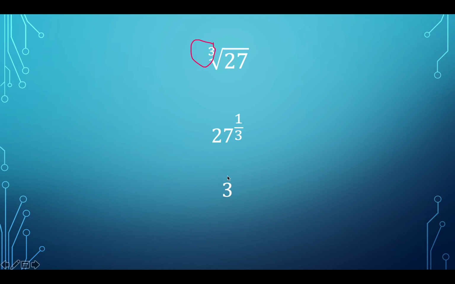Another way to do that, 3 to the 3rd power would give us 27 back. So if you want to check your answer, take whatever you get here and put it to the power that's on the outside of the radical symbol. 3 to the 3rd gives us 27. How about now if I asked you for the 5th root of 32?